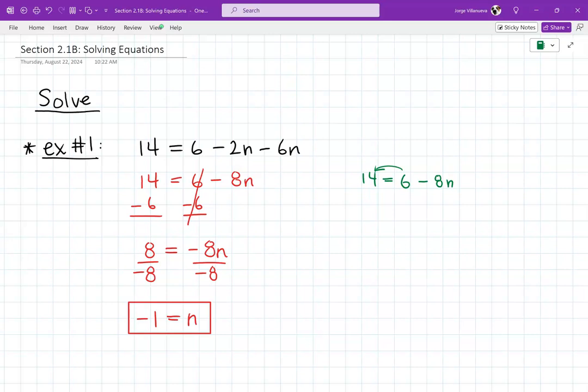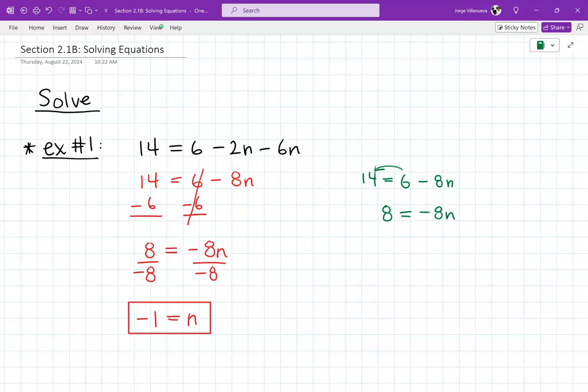When you change a number to the opposite side, you give it the opposite sign. So right now it's a positive 6, so when I throw it to the other side, it becomes negative 6. So it becomes 14 minus 6.